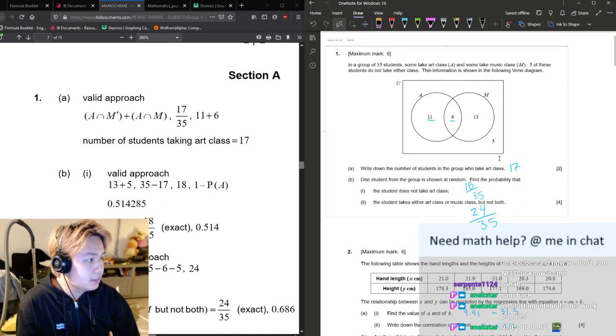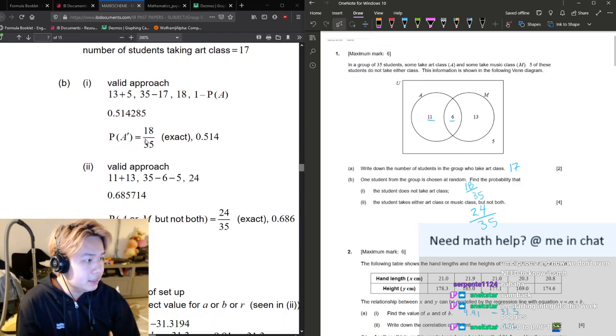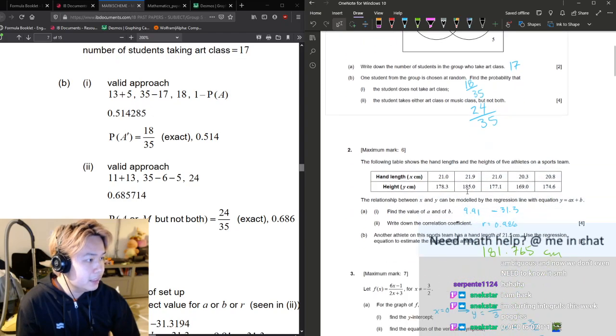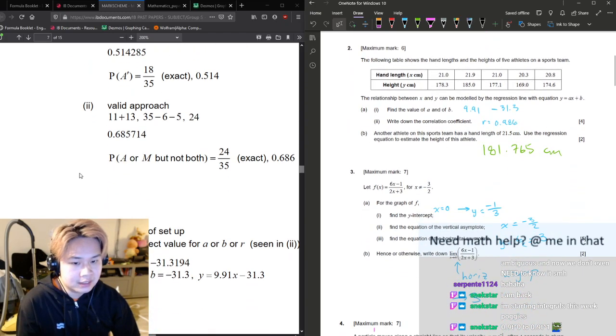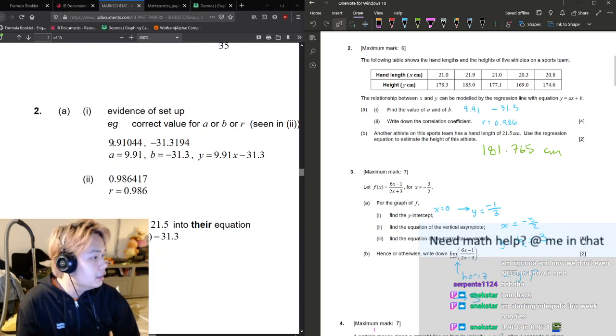Okay, let's see. 17, 17, 18 over 35, 18 over 35, 24 over 35, 24 over 35. Okay, 6 marks, easy peasy. 9.91, 9.91, negative 31.5, negative 31.3. Oh, that's a 3. Okay.